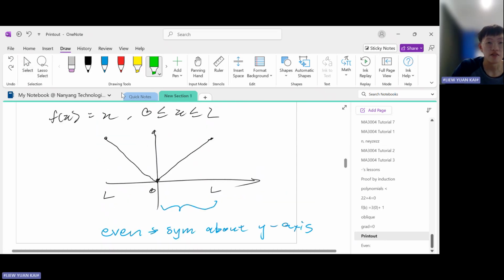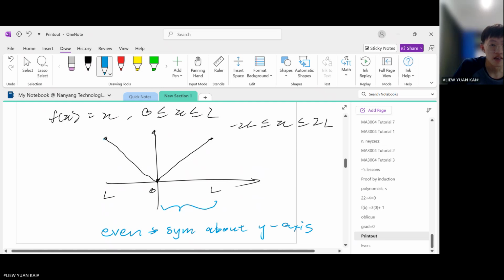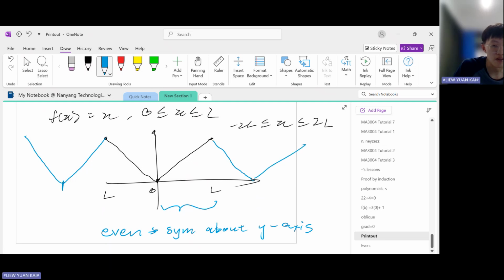Then what we need to do is draw the half range expansion from negative 2L to positive 2L. We just copy paste this like that, like that. Sorry, this is negative.